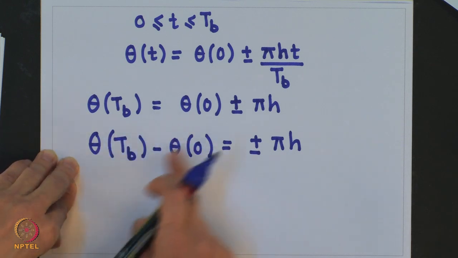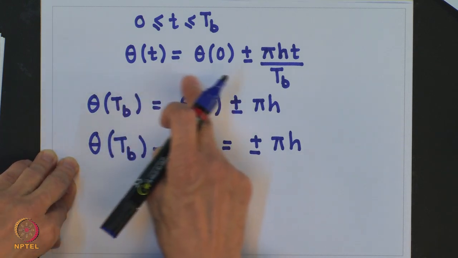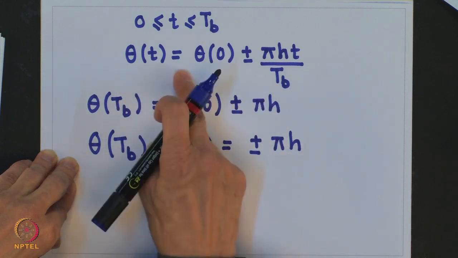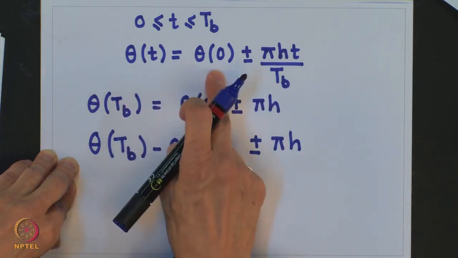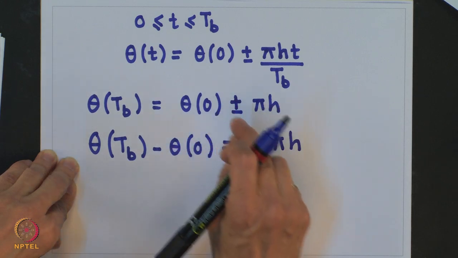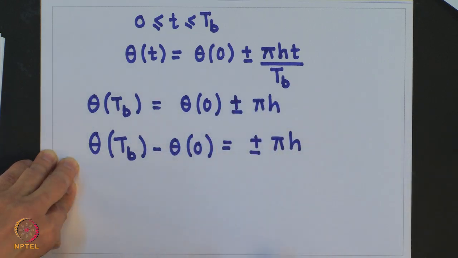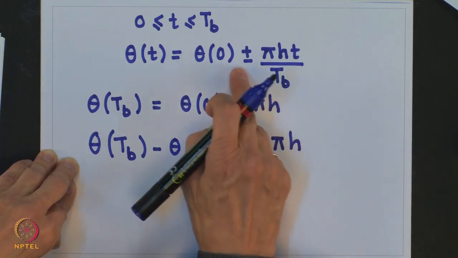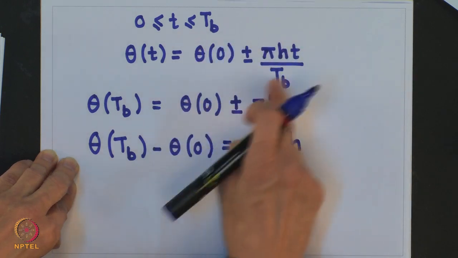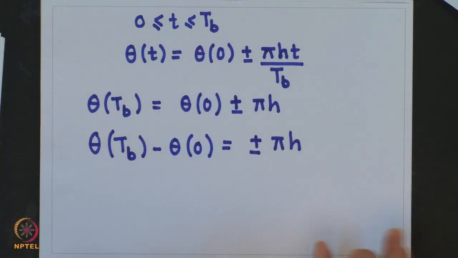So, the variation of the phase theta(t) with time t follows a path consisting of a sequence of straight lines, the slope of which represents frequency changes. So, this becomes very clear from this figure out here.